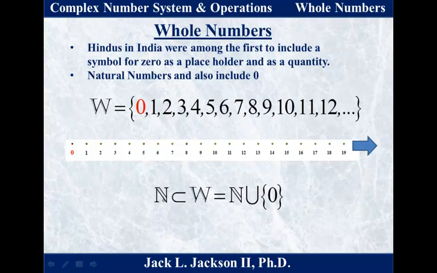That means every natural number is a whole number. The whole numbers might include some other things. In fact, it includes just the point 0. The natural numbers union the set 0 makes the set of whole numbers. And so notice our representation is the same as our natural numbers, but we also have one more to the left, 0.